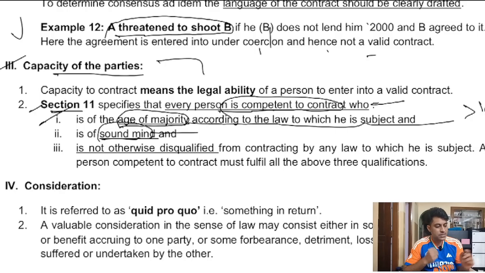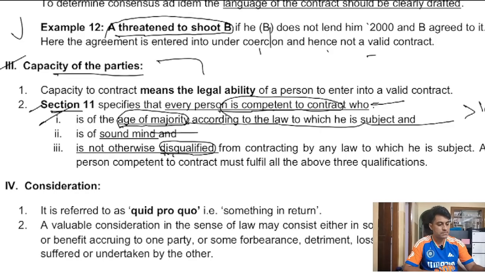Third point is he is not otherwise disqualified. See, sometimes what happens, people with bad repute, people who have criminal proceedings, they are automatically disqualified. They will be disqualified by law. So these people also are not eligible to enter into a contract.